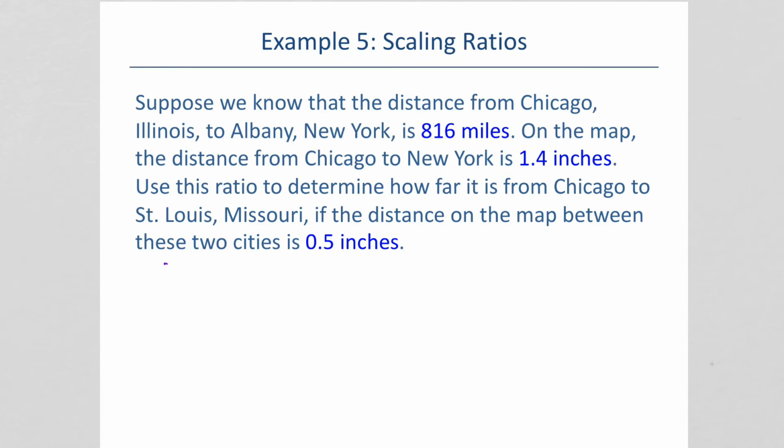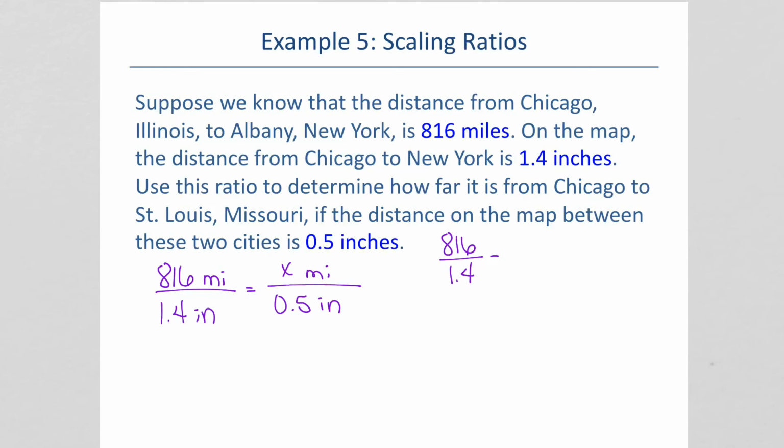So we know that 816 miles is equivalent to 1.4 inches on the map. And we want to know how many miles is equivalent to 0.5 or 1/2 of an inch.